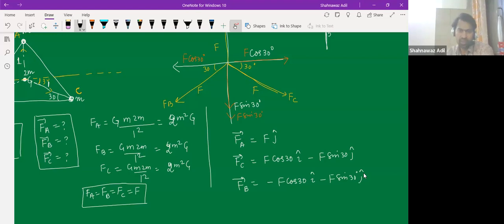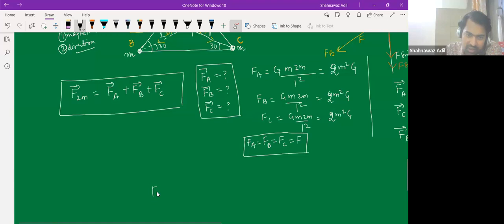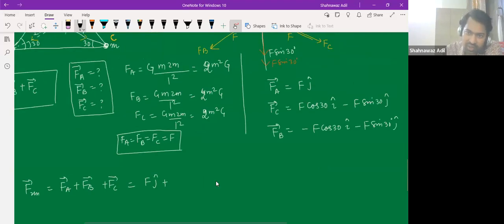Now we have to add these three, right? That would be the superposition principle. Let us write the net force as FA plus FB plus FC. FA is F J hat. FB is minus F cos 30 I hat minus F sin 30 J hat.